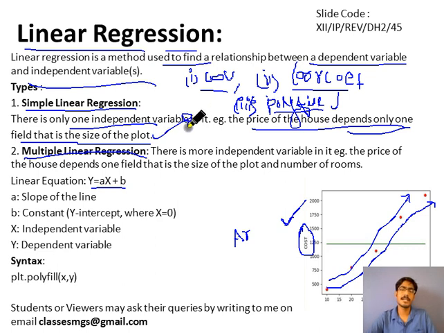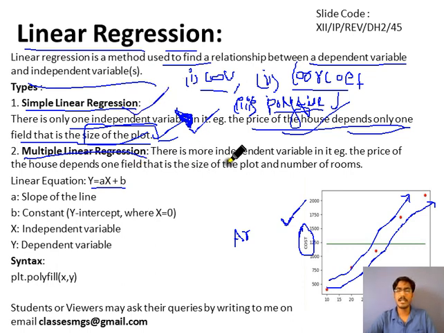You will say that the size of the plot is the only parameter that is basically used to calculate the property price of the house. Other parameters may be there, but in general only the size of the plot matters. If the price of the house is only dependent on one variable, that is the size of the plot, then such kind of dependency is known as linear regression.